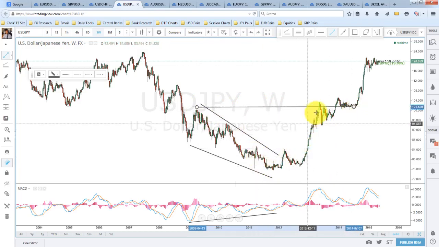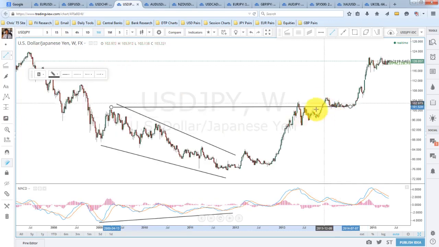The initial resistance was right here at the high between the points that diverged, the beginning of our wedge or ending diagonal. And you can see the market reacted by moving into a corrective triangle. This is also an example of a very perfect contracting triangle.